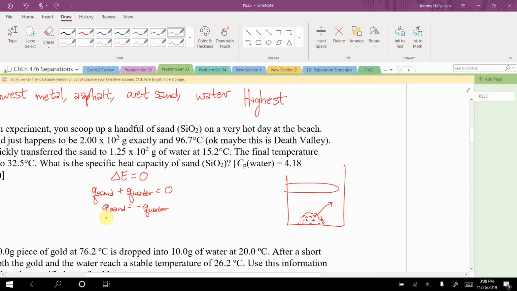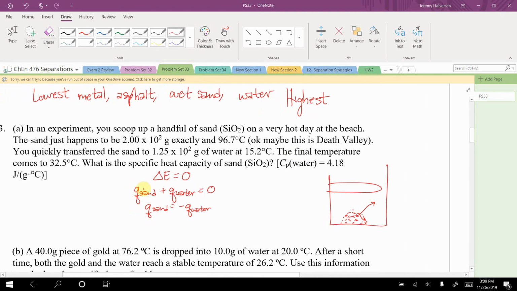So I know that all of the heat from the sand goes into the water. Well, they didn't give me any heat values. They gave me masses, they gave me temperatures, they gave me heat capacities. So obviously I'm not just going to be able to plug in Q values here.